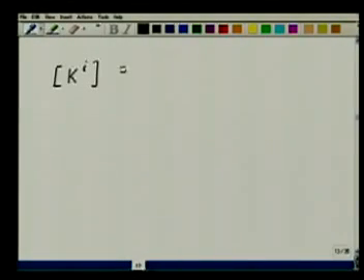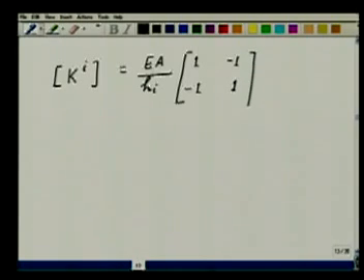So what does the element stiffness matrix become? K for the ith element is equal to EA by hi into, we have 1 here, minus 1 here, minus 1 here, 1 here. See, this also is symmetric. So the element stiffness matrix is also symmetric.